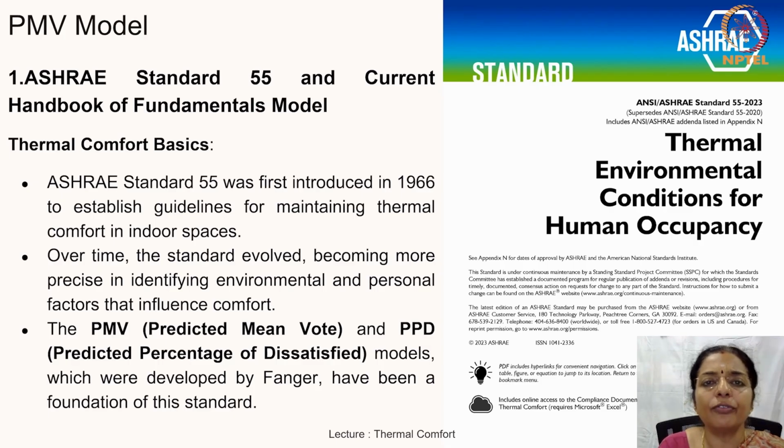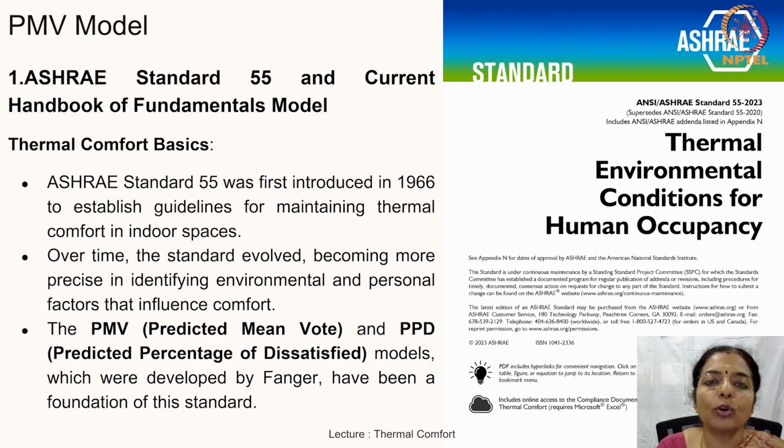So ASHRAE 55 was first introduced in 1966 to establish guidelines for maintaining thermal comfort in indoor spaces. Over a period of time, the standard evolved, becoming more precise in identifying environmental and personal factors that influence comfort. The PMV or predicted mean vote and PPD or predicted percentage of dissatisfied people, this model, which was developed by Fanger, has been the foundation of this standard book.